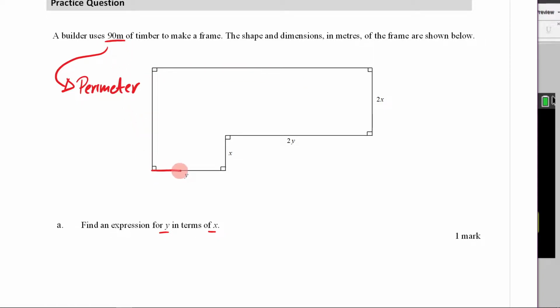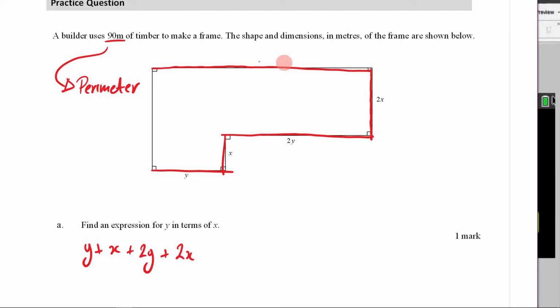So I've got y plus x plus 2y plus 2x, and then this one here doesn't say what it is, but you can clearly see I've got y, I've got 2y, so this is going to be 3y. And then this one here, even though it's not labeled, we can see that I've got x here and 2x here, so this is going to be 3x. When I add all these together, it's going to be the perimeter, which is 90.